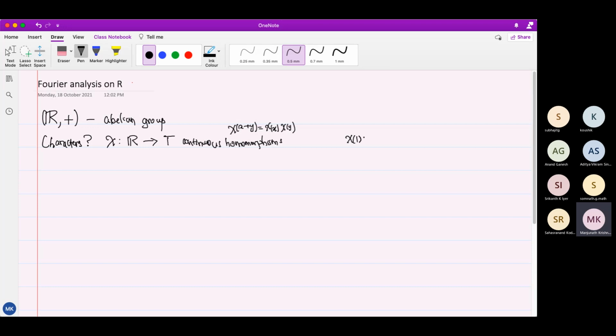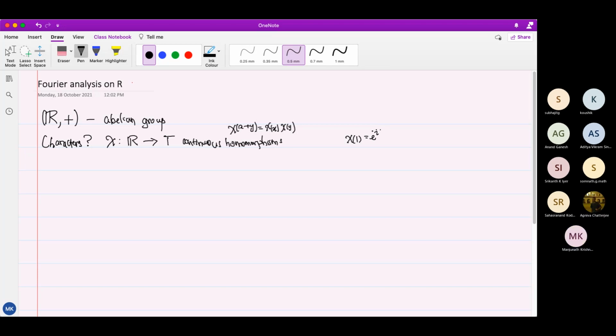If you know chi of 1 is e to the, let's call it, I don't know whether I should call it 2 pi t or e to the it. What shall I do? Let me just call it e to the it. Did I have a standard notation? Should I call it e lambda?